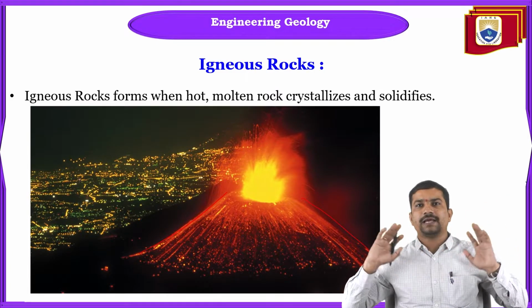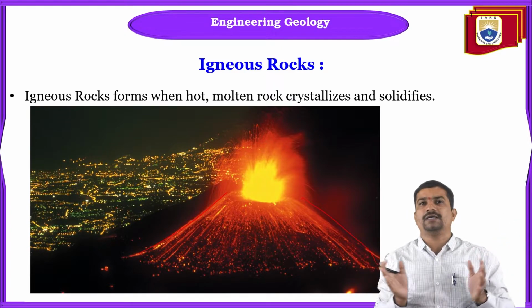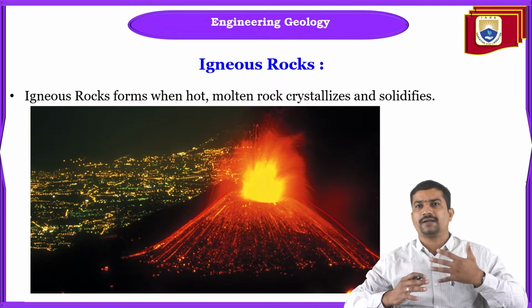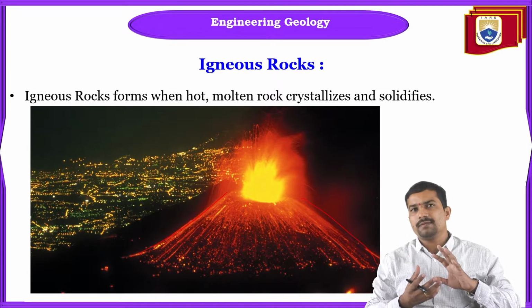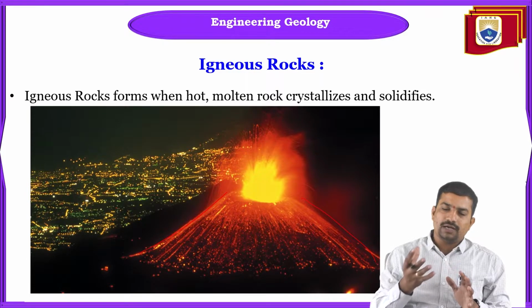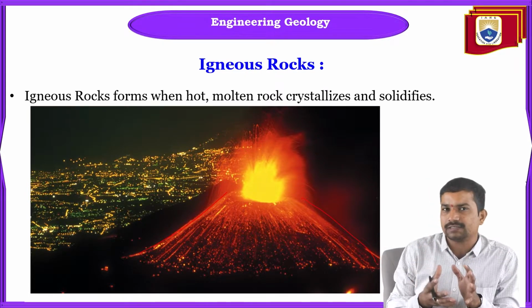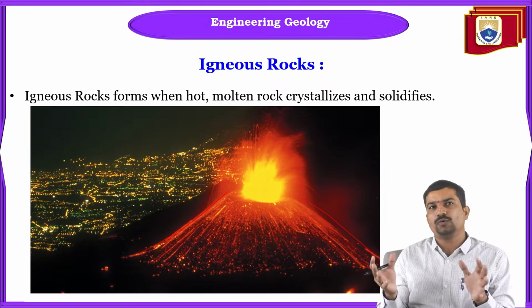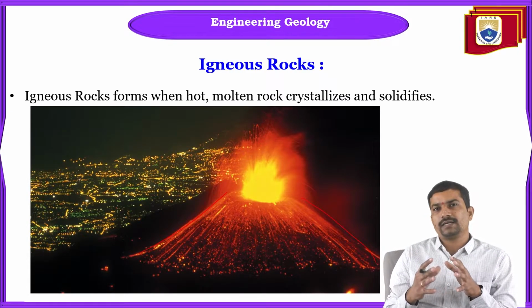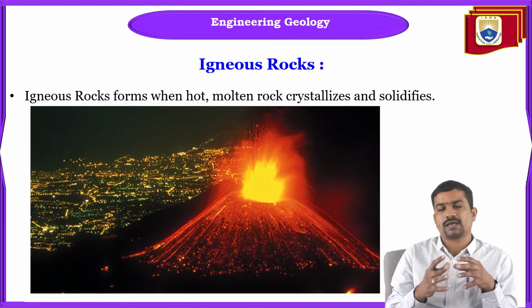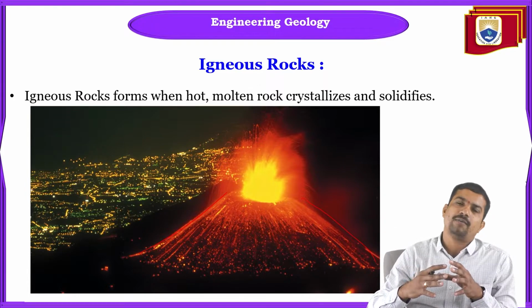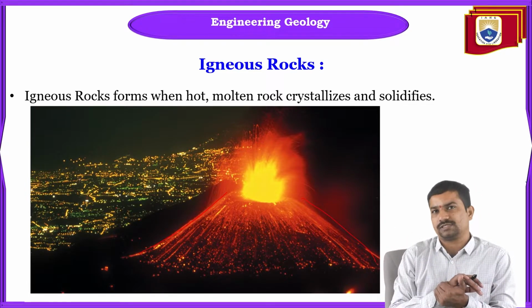So the various elements present inside the earth, due to excess heat, pressure and temperature, at some point the liquefied mass comes out and again it cools. So when this hot mass comes onto the ground and gets cooled, it forms a rock-like structure.